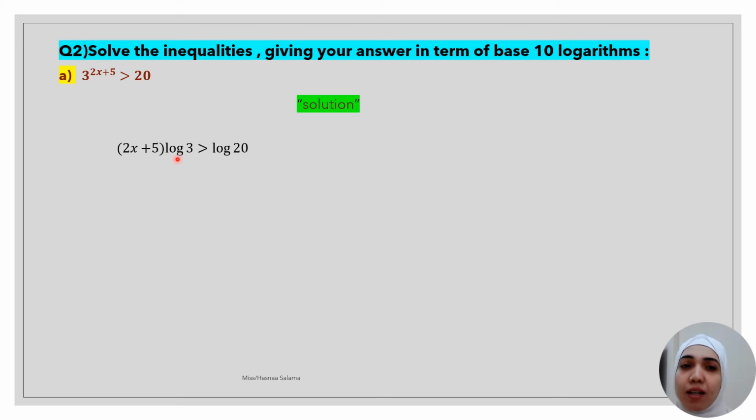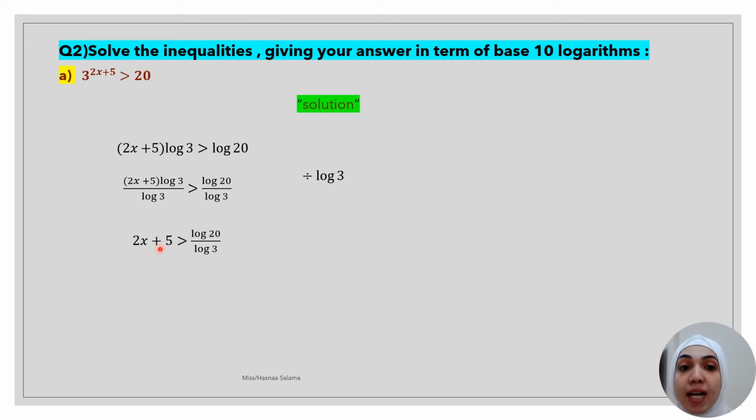Let's divide by log 3 on both sides to get the simplest form, step by step. But don't forget log 3 is bigger than 1, so it's the same sign. When I divide by log 3, they cancel together like this.